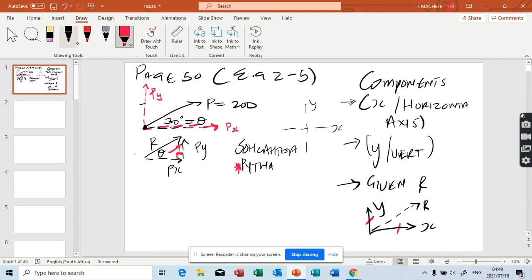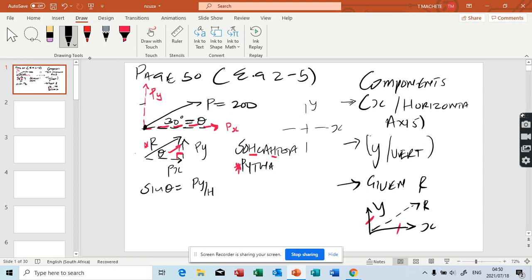Remember, you're given the hypotenuse. This is your hypotenuse, right? This R. So you can use either this one or this one, but you need to confirm which formula to use to find Py. Yes, because the angle is opposite to that. So you're going to say sine theta equals opposite, which is your Py, over h.